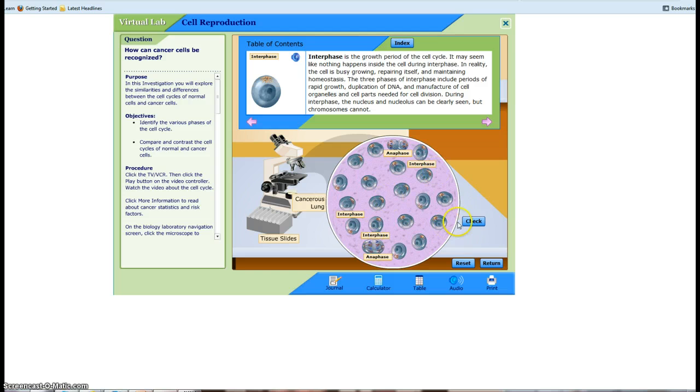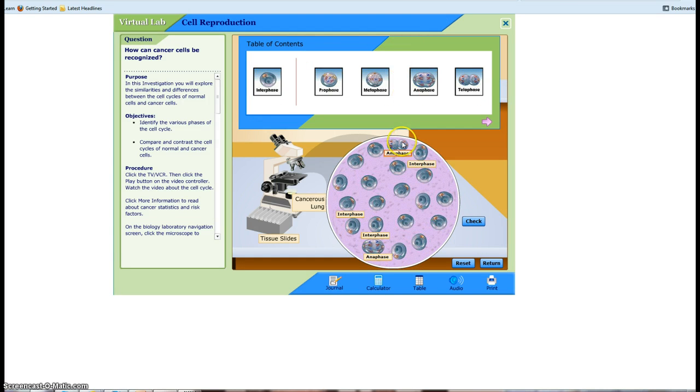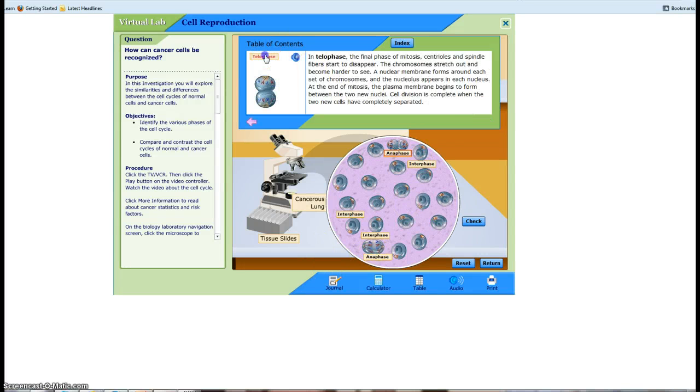Interphase. Okay, check. Use the cell cycle cards to check your cell labels. I got something wrong. Oh, this is telophase. That's anaphase. Sorry.